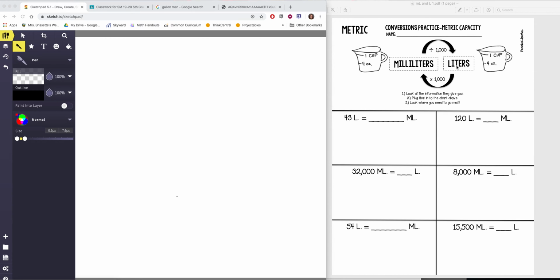If you remember from our lesson on length in the metric system, milli is the prefix for millimeters, and the prefix milli refers to 1,000. That means that there's always 1,000. So the name really means 1,000th of a liter, or when we're talking about millimeters, it's a 1,000th of a meter.